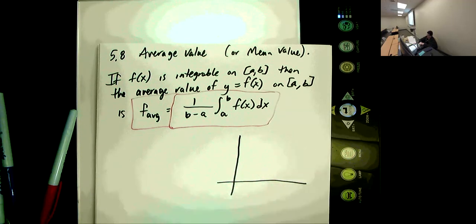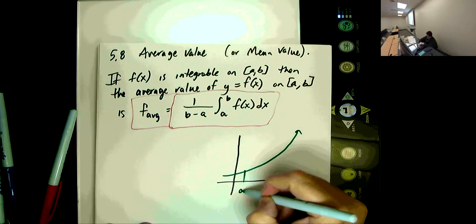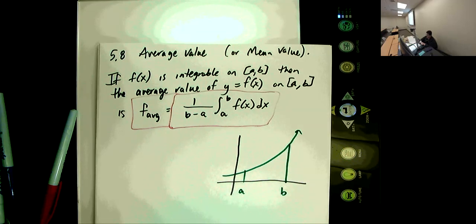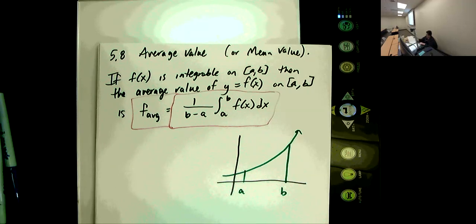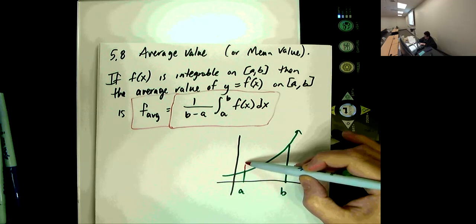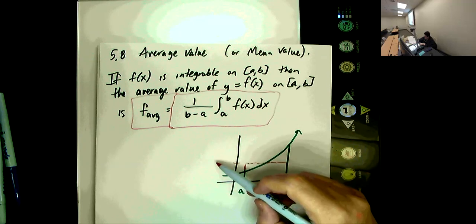What does that mean? If we wanted to, like this has an area like this, if we flattened out the area, it might look something like this, where that would be the average value.